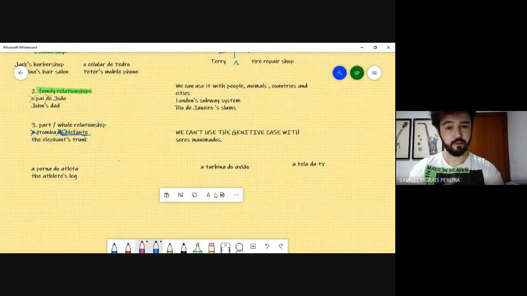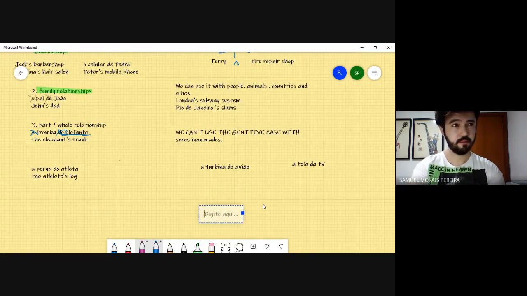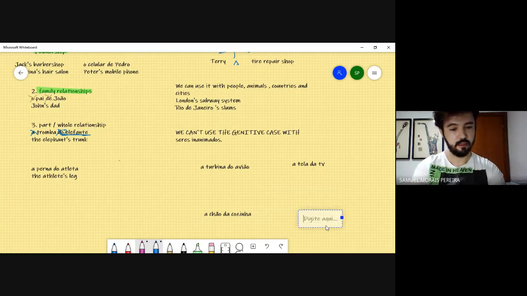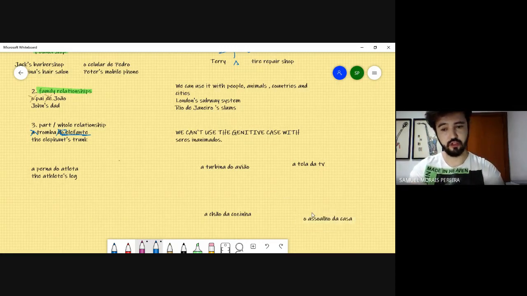Another example. O chão da cozinha. Olha. O assoalho da casa. E aqui eu já cheguei na matéria de vocês, olha. So, a turbina do avião, a tela da TV, o chão da cozinha, o assoalho da casa.